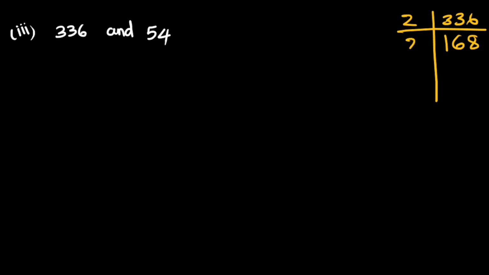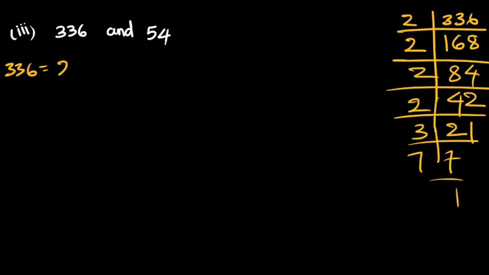Then again with 2 we'll do. 2 8s are 16, then 2 4s are 8. Again with 2 we'll do, 2 4s are 8. 336 can be written as 2 into 2 into 2 into 2 into 3 into 7, that is 2 raised to 4 into 3 into 7.